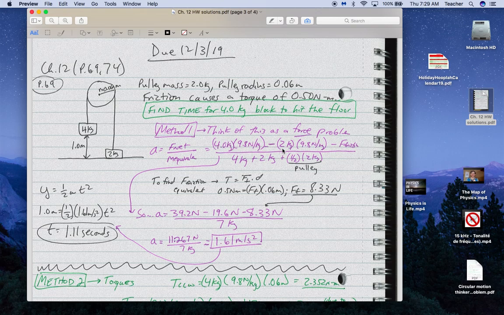Those are listed, but I also have to take off the force due to friction, which is a little bit tougher. To find the force of friction, we could think of force multiplied by a distance equaling the torque. The torque was given as 0.5 newton meters. So if we think of friction acting at the edge, it may not act at the edge, but let's think of it as if it does, because we have these gravitational forces acting at the edge.